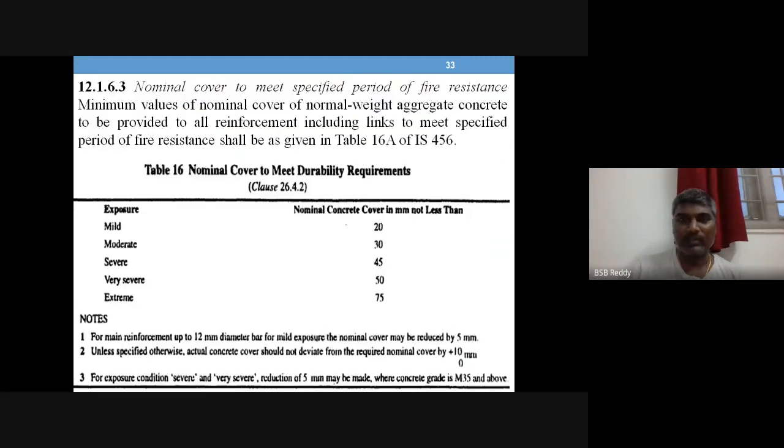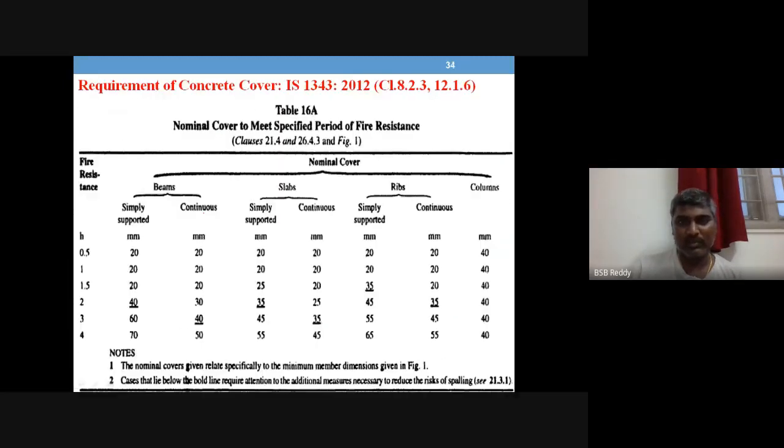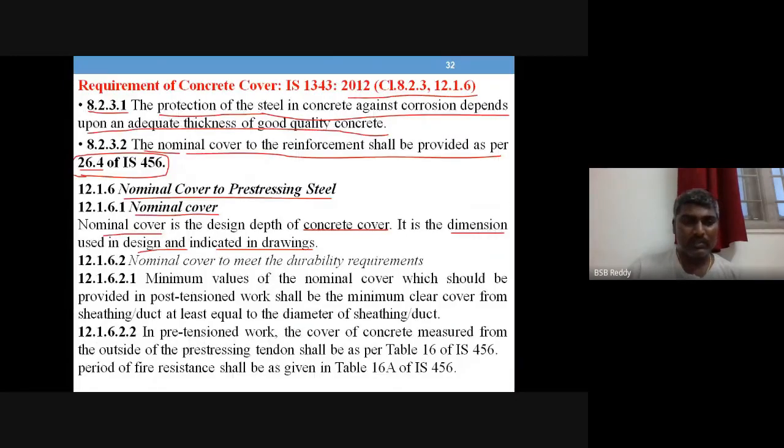Okay, so this is one such table, and we'll talk about fire resistance another time. These are the two things that you need to remember whenever you say nominal cover. So you have to think of durability and also fire resistance. These two will decide the nominal cover.